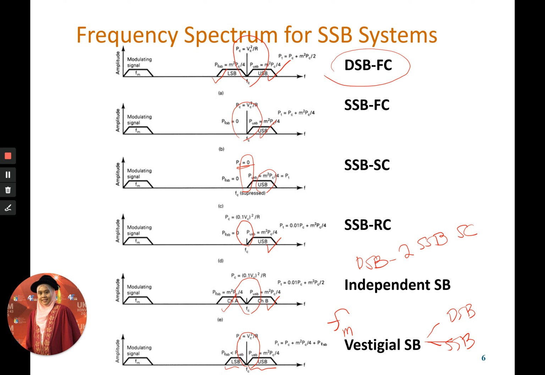If you see the SSB SC up here, you will get two SSBSC in the independent sideband, but with different sidebands, either lower or upper. I hope you can understand the differences between these types of single sidebands. But of course, the most common systems in single sideband are these three.